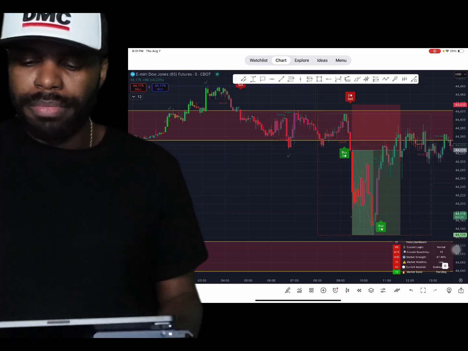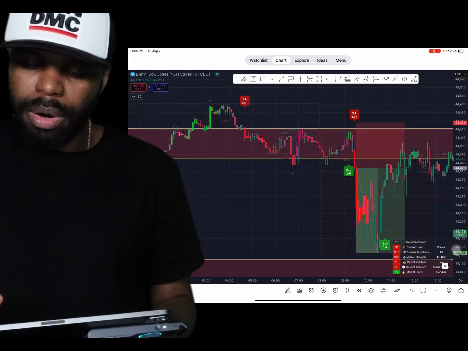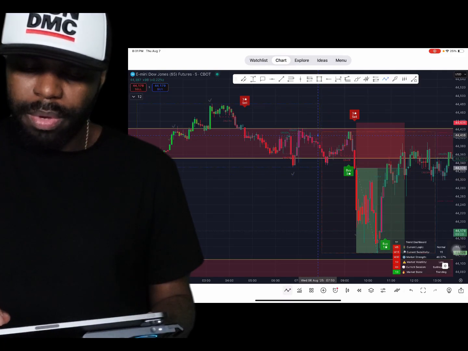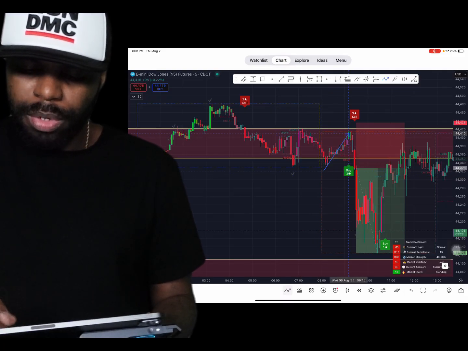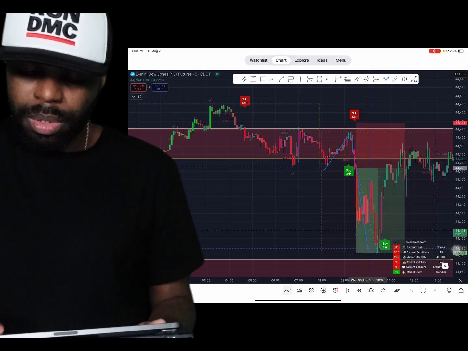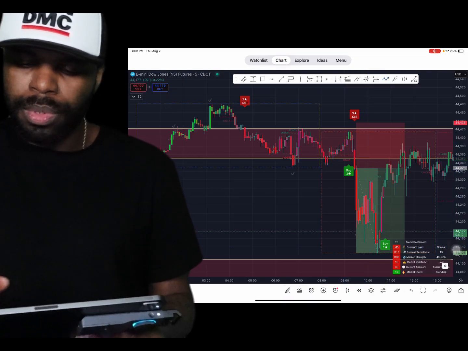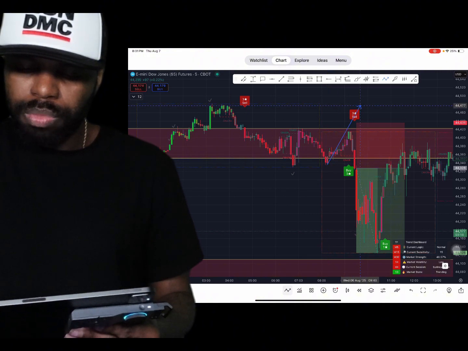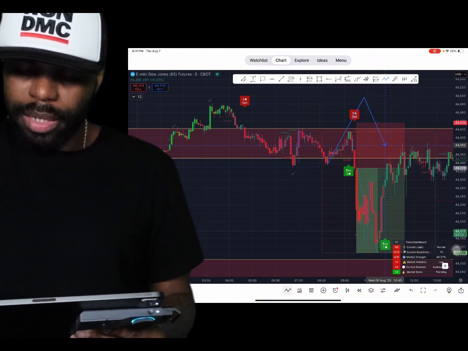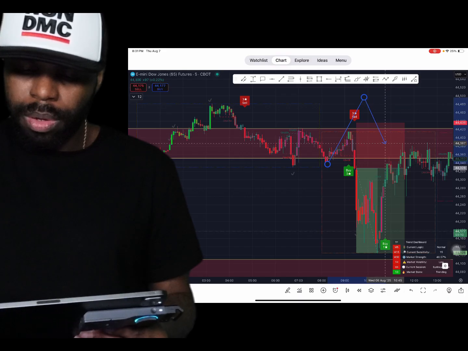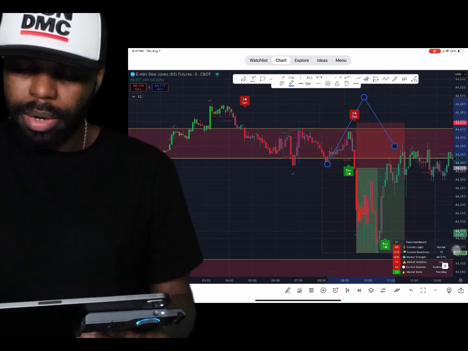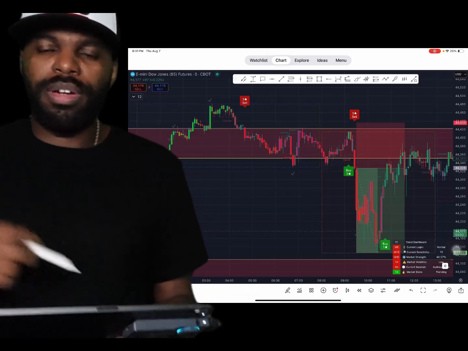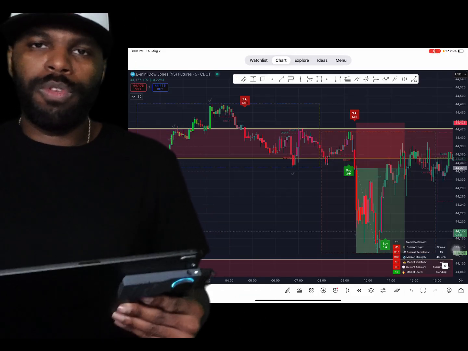I'm either looking for a rejection off this zone, or I'm looking for price to break and retest this zone right there and go up. That's all I'm using these zones for.